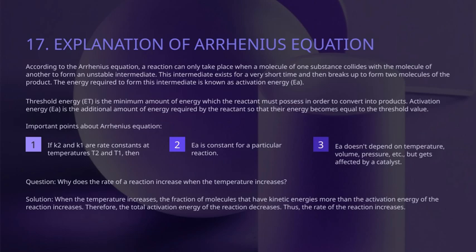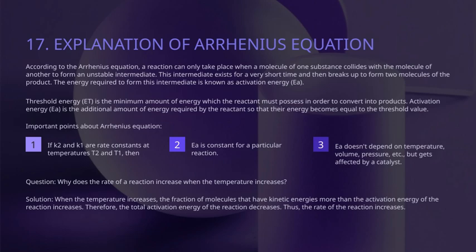For a specific reaction, E remains constant, meaning it doesn't change as conditions vary, but the catalyst can modify it. Now, when we increase the temperature, more molecules have enough kinetic energy to overcome this activation barrier. As a result, a larger fraction of molecules can reach or exceed the activation energy, leading to a higher reaction rate. This explains why temperature increases typically speed up reactions.